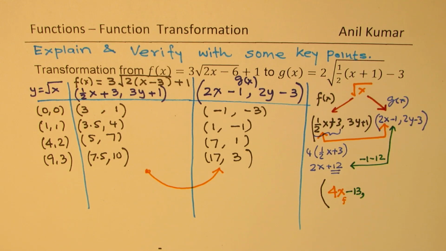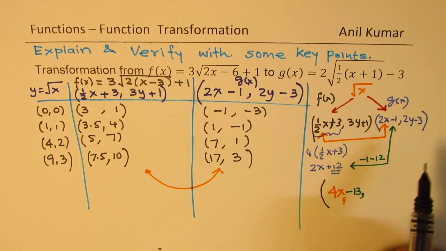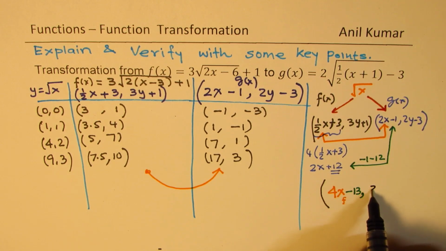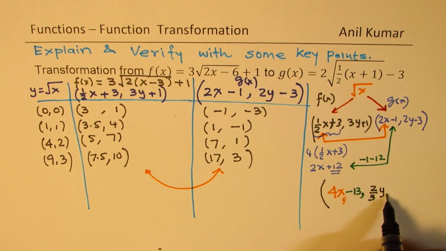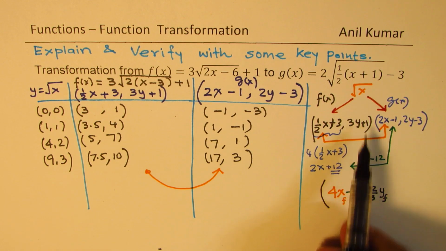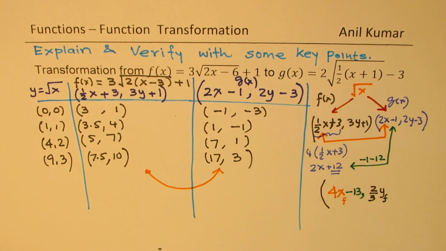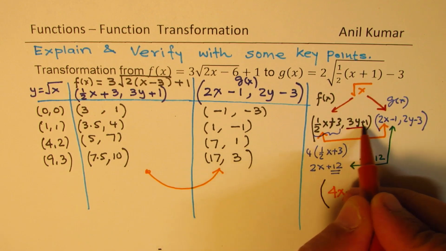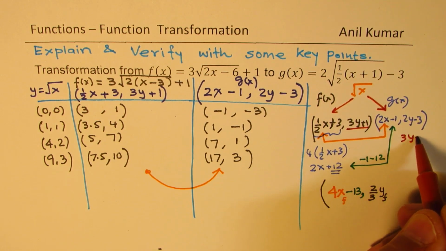Now let's look into the y values. 3y to 2y, you get 2y if you multiply by 2 over 3. The y values of f function, right? Let's look into this part again. So here we have 3y plus 1.